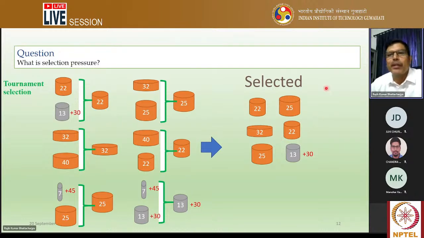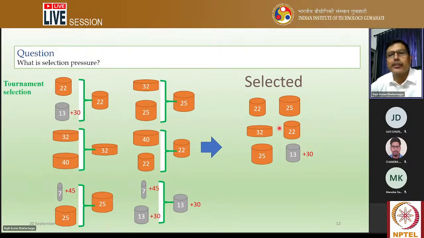In that case, since 25 is the best solution, 25 will have 3 copies. That means there will be selection pressure on the other solutions, and they will not be able to go to the next generation, because you are selecting 25. So you are putting selection pressure.